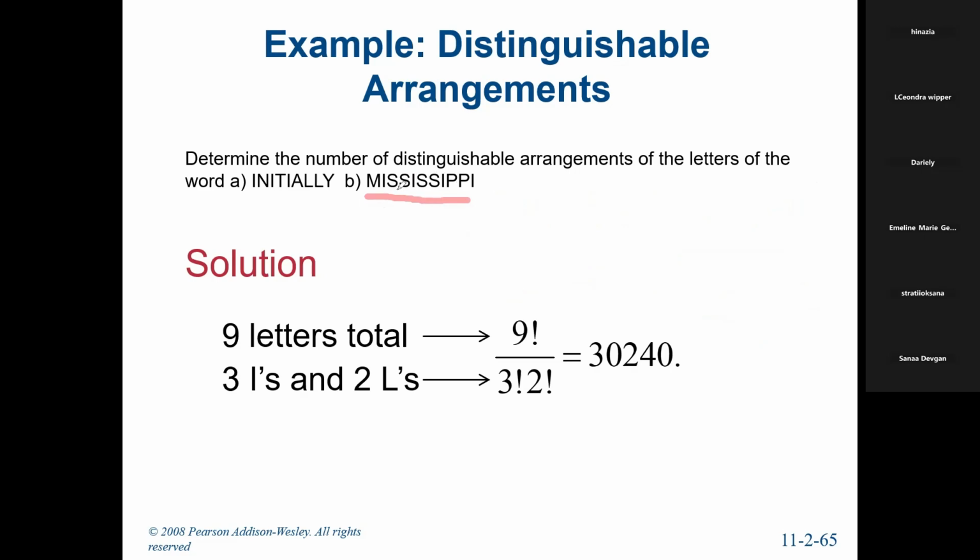So Mississippi, this word has 11 letters. Yes or no? Yes. How many S's do you have? 4. How about I's? 4. How about P? 2. Okay.